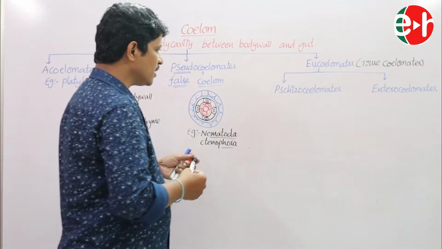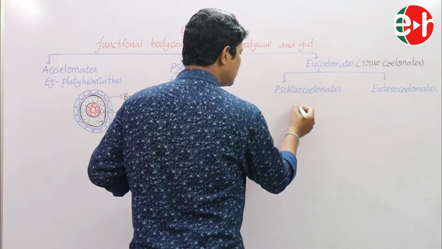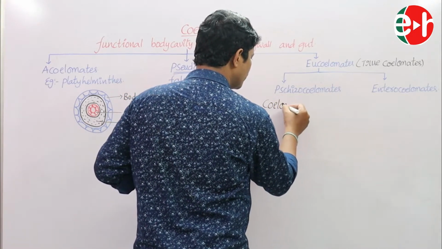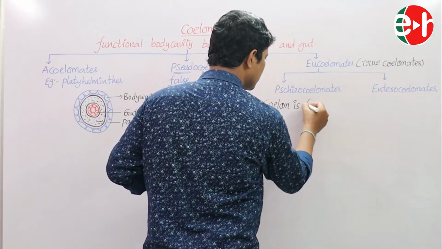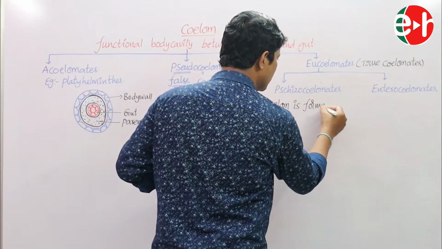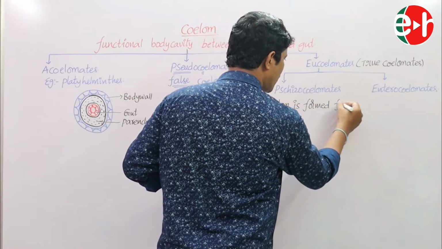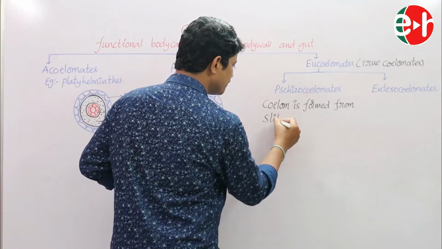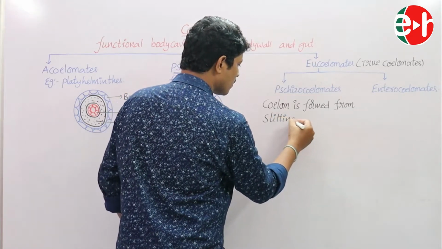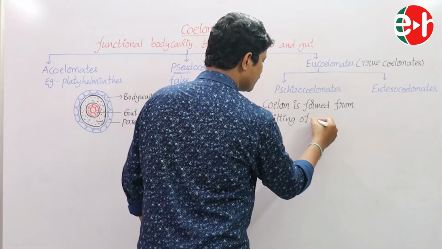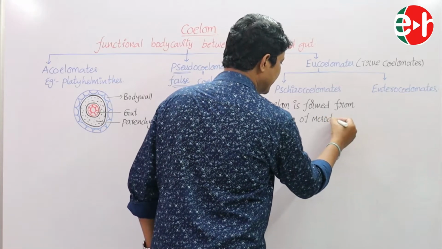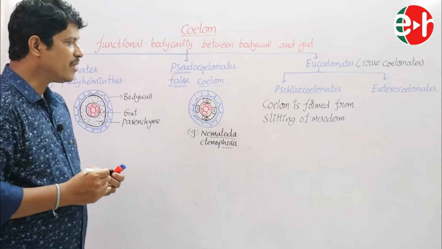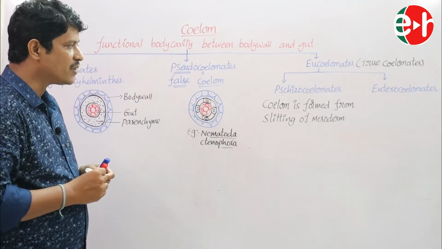What is schizocoelomates? In schizocoelomates, the coelom is formed from the splitting of the mesoderm. The coelom is formed from the splitting of the mesoderm.